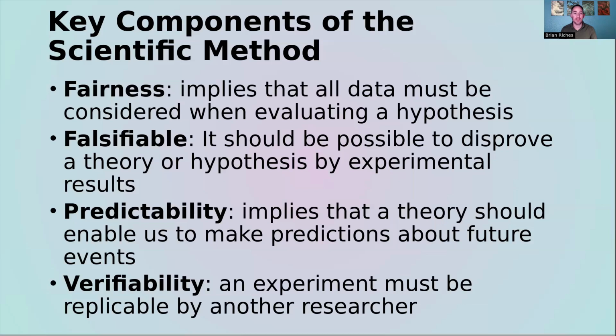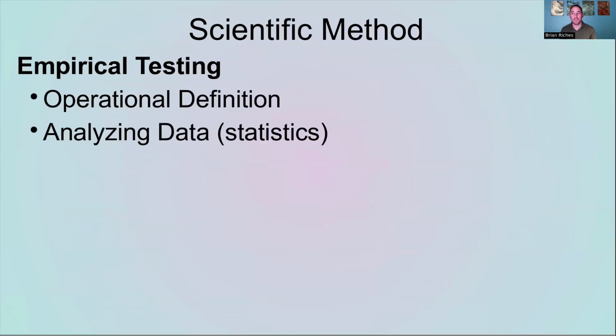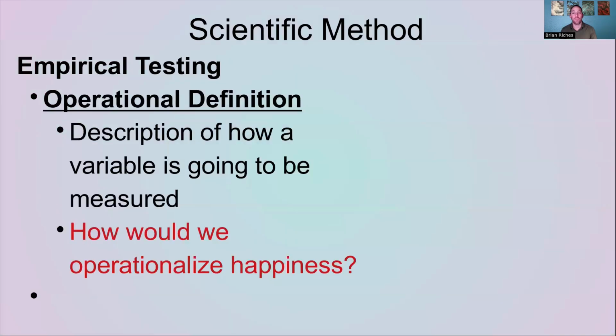All right, another big thing is empirical testing. We need to test things empirically and scientifically, and essentially one of the big pieces of that is our operational definition. An operational definition is a fancy way to say the way we are measuring a variable. So a variable can be anything that varies in human experience, in geology, anything that varies, right?